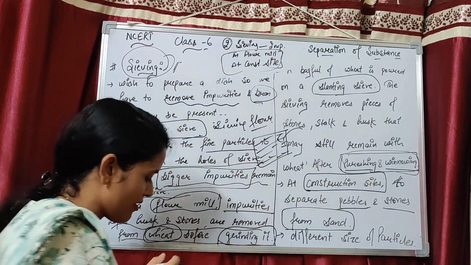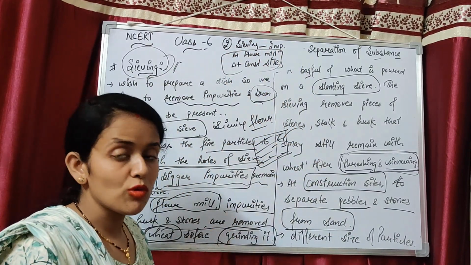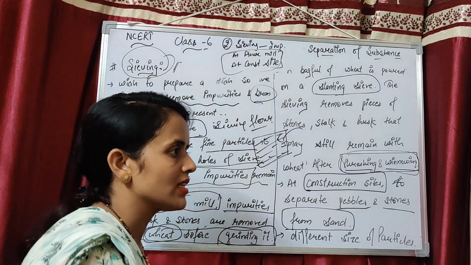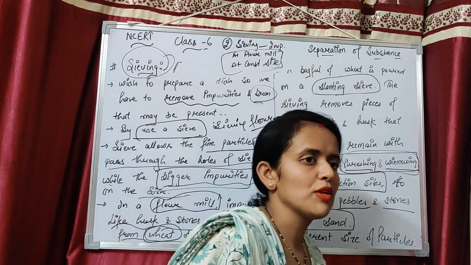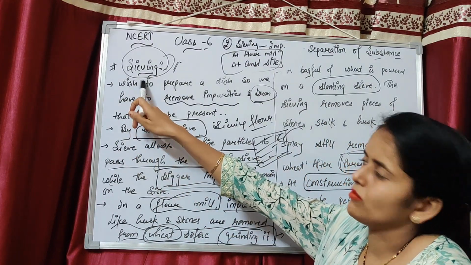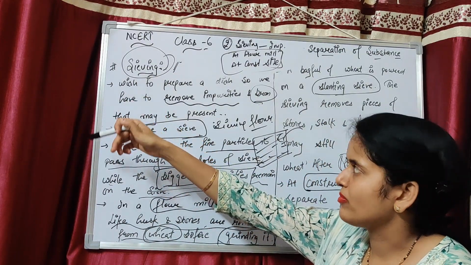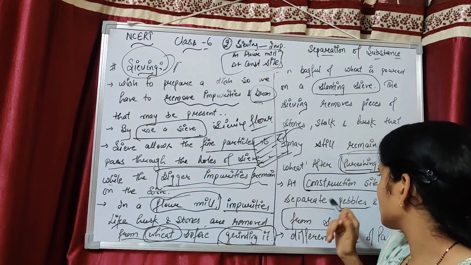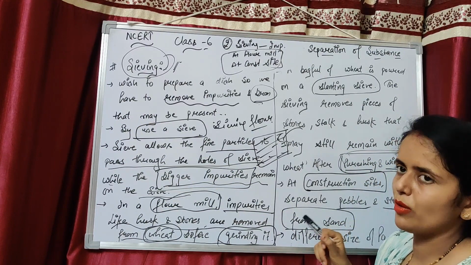At the flour mill, after using two methods of separation, we will use sieving. That's why we can say the sieving method is a very pure way to separate the components of a mixture. At construction sites also, it separates pebbles and stone from the sand.